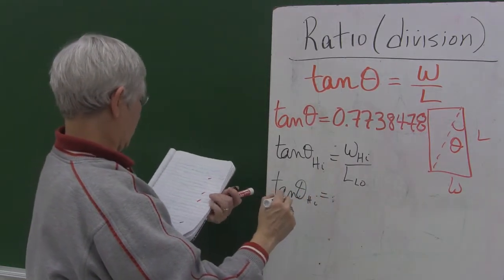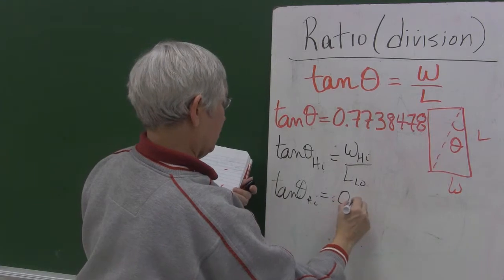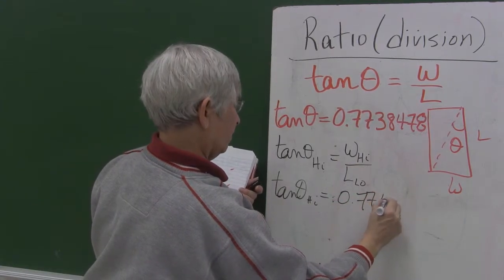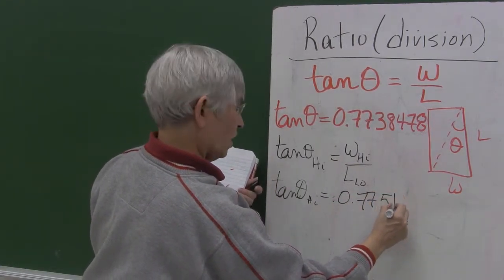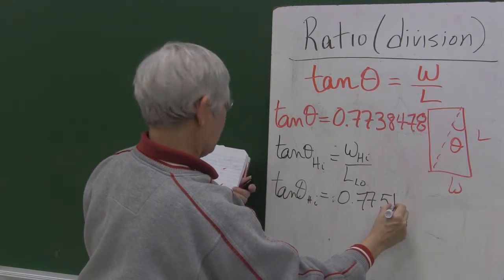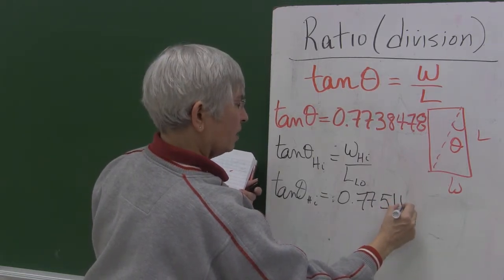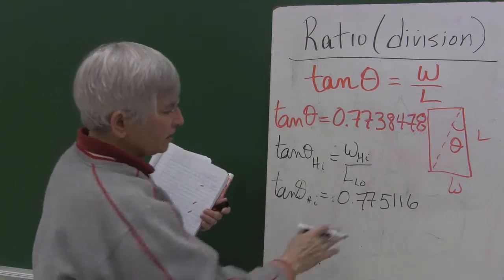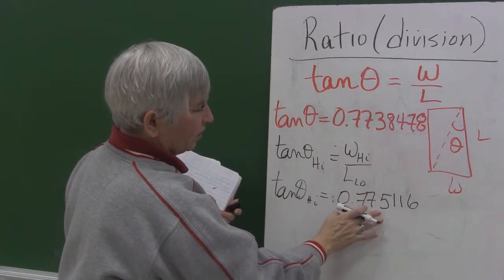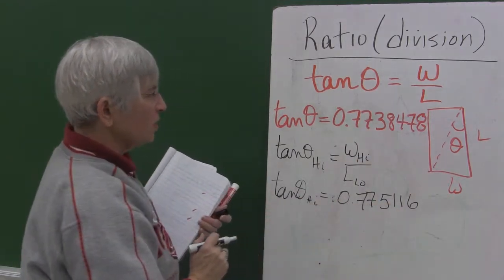In doing this, tangent theta high ends up being 0.7751. I'm going to put it in a couple more places just to be on the safe side. And I can see that the first two places stay the same, and this starts to deviate a little bit over here.